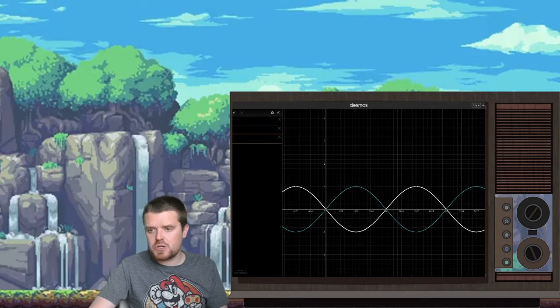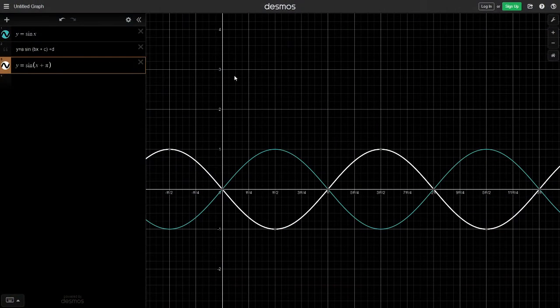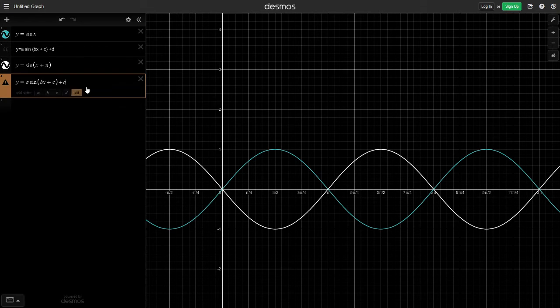Of course, with Desmos, you can always put in the little sliders here. So if you just typed in on a regular line, a sine bx plus c plus d, it'll give you the option to add in those sliders, and then you can play with them as you'd like.